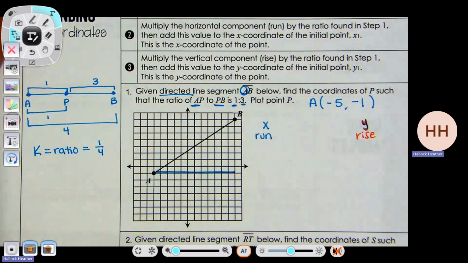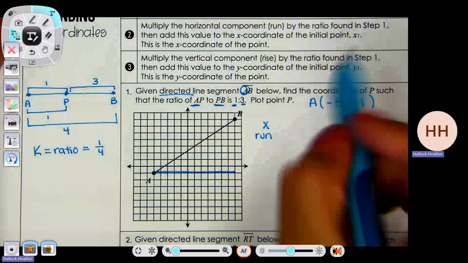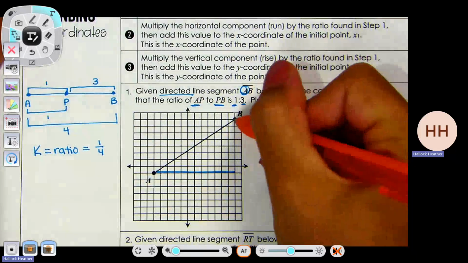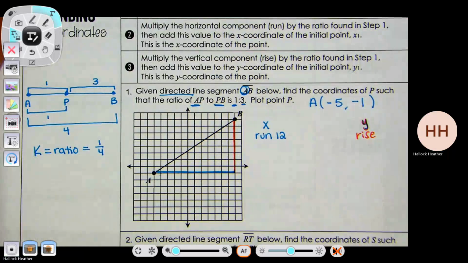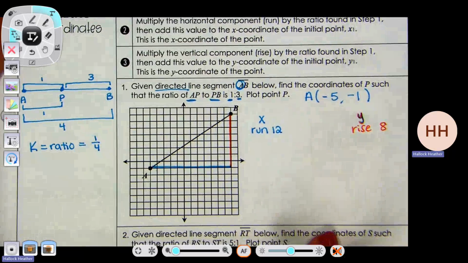From A to B, how much do I have to run across? Well, good. So my run is 12. How much from A to B do I have to rise? 8. You were slightly off. It's okay. So you run 12, you rise 8.